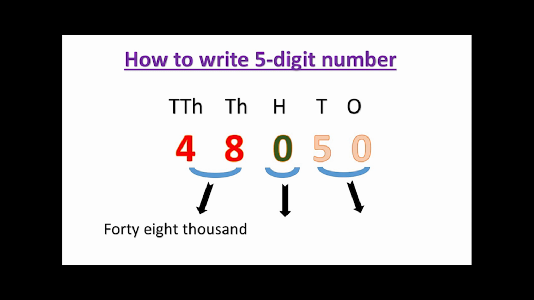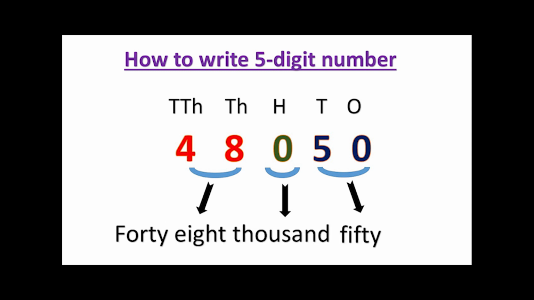So here we don't write anything. And 5 and 0 are at the place of tens and ones. So we take them together. 5 and 0 gives us 50. So the number name of this number is 48,050.